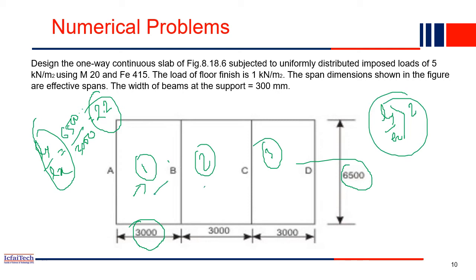So slab 1, slab 2, slab 3 are all basically one-way slabs. So we have to design these one-way slabs. That is our question. And the load is given to us. 5 kilonewton is the imposed load, and 1 kilonewton is the floor finish. Floor finish means the tiles, marble, stone and all that we provide at the floor, right? So that is also 1 kilonewton per meter square coming as floor finish.